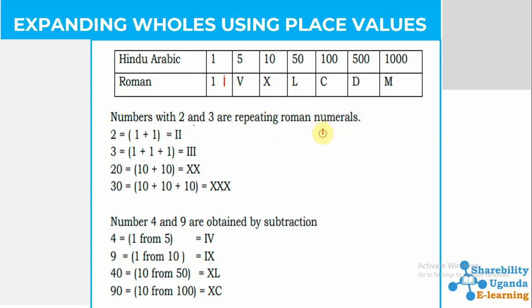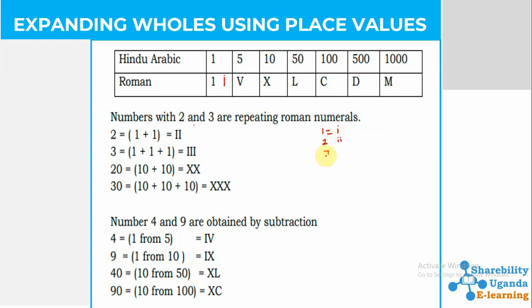So if our Roman numeral for 1 is I, and we want to write our 2, because they have told us that these numbers are repeating, we shall write our I 2 times.